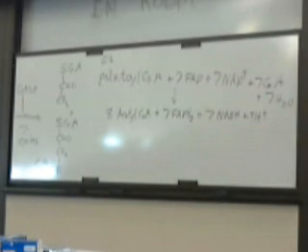And that is going to go to 2 carbon dioxides and 1 molecule of coenzyme A SH and 3 molecules of NADH and 1 molecule of FADH2 and 1 molecule of GTP.